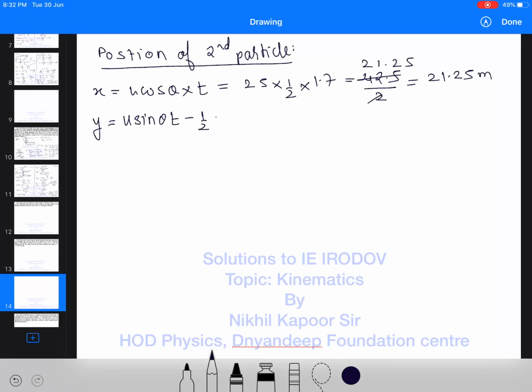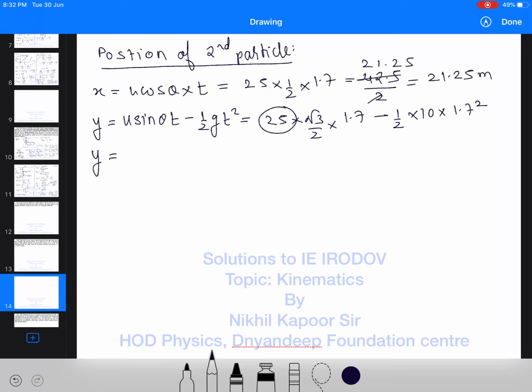And the y coordinate in projectile motion is given by u sine theta t minus half g t square. So it will be 25 into sine 60, root 3 by 2, into t 1.7, minus half into 10 into the square of 1.7.